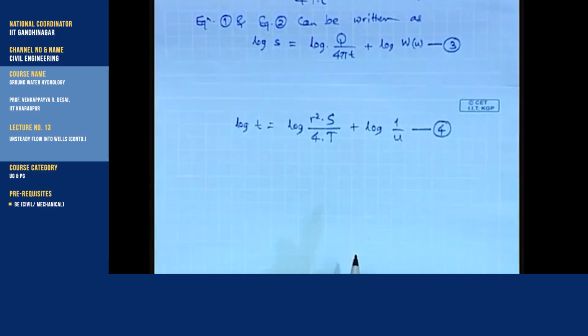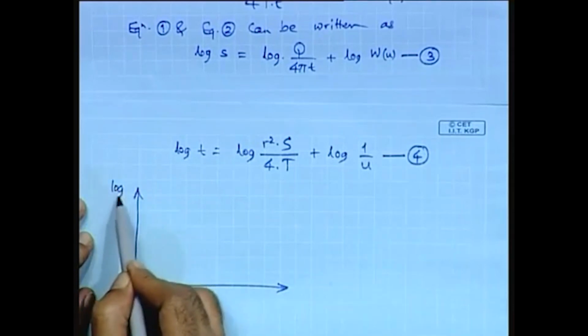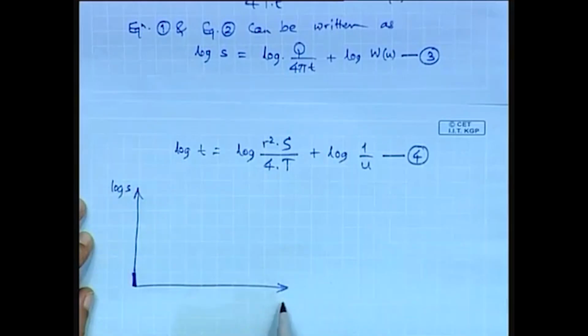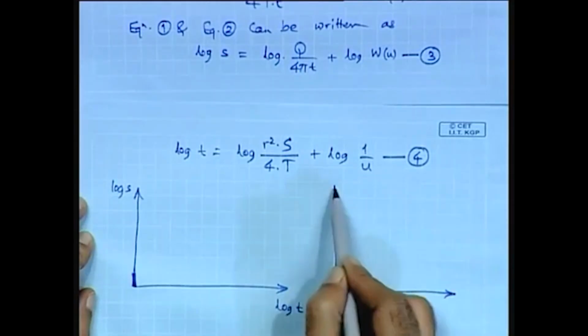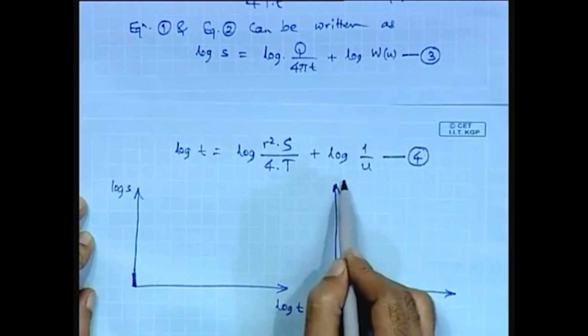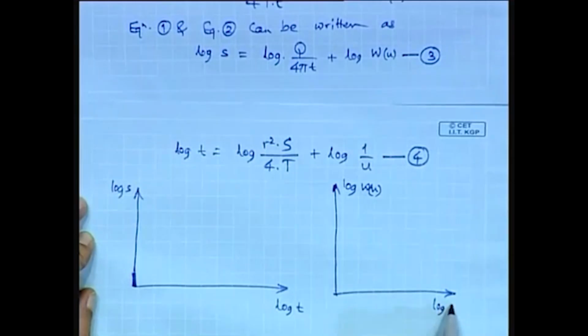So, in that case, first, let us say this is the plot of log s versus log t, and we get the second plot of log W versus log of 1 by u.